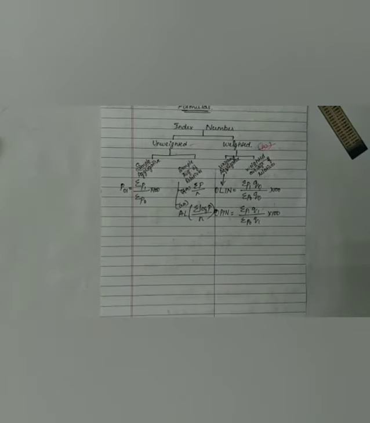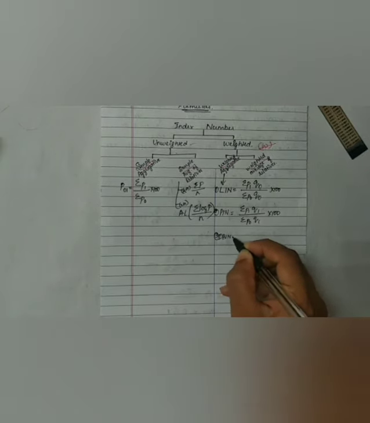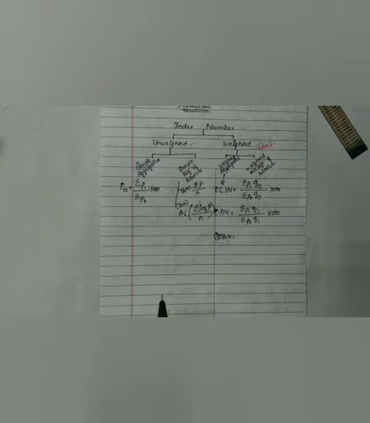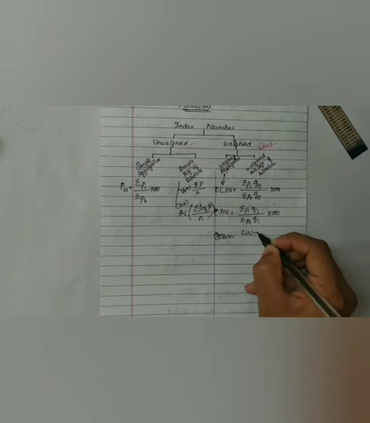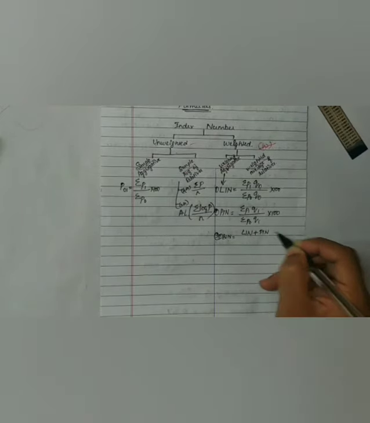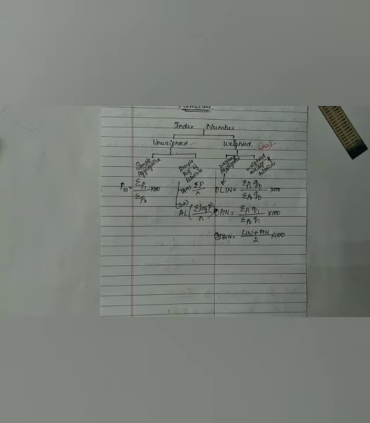So the next one, what is the third one? Bin. Dorbish-Bowley index number. Dorbish-Bowley index number is Lin plus Pin divided by 2 into 100.